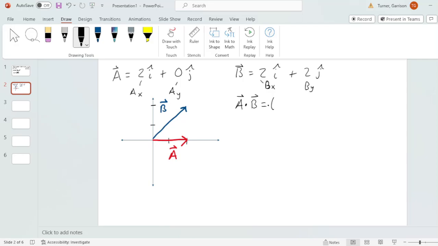So I'm going to have 2 times 2 plus 0 times 2. The result of this dot product is just 4.